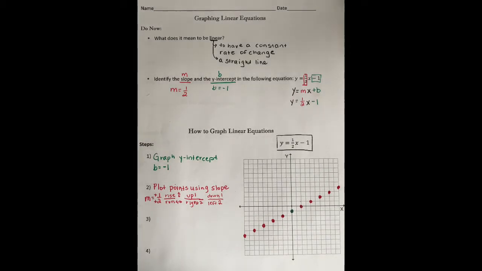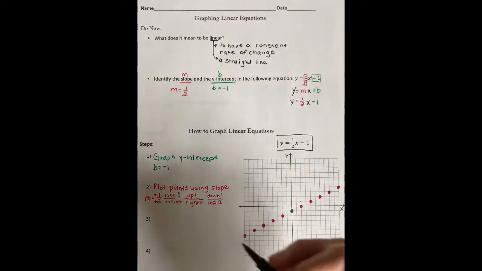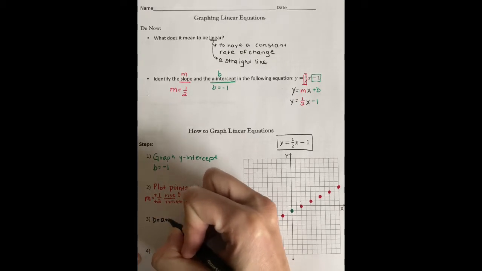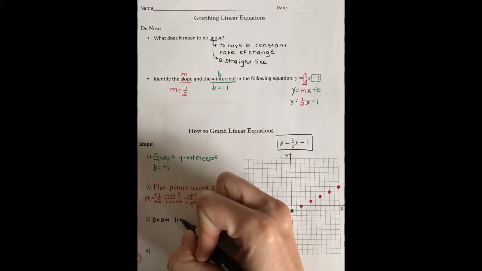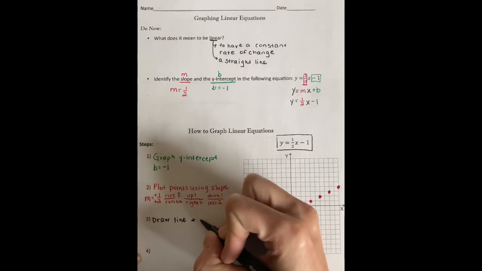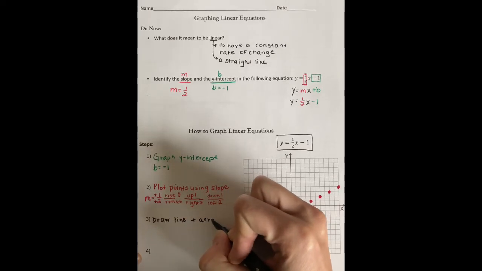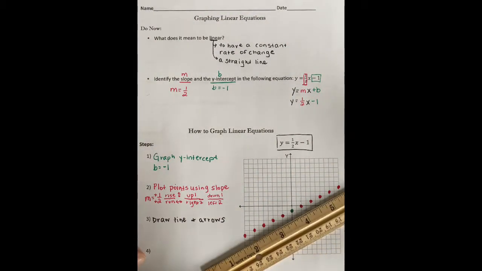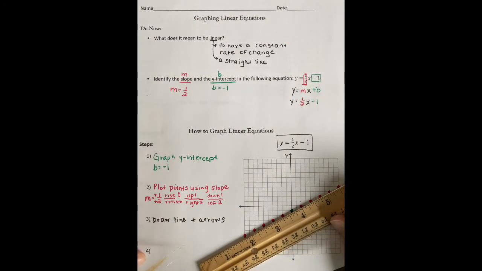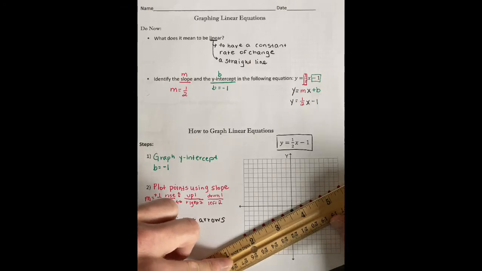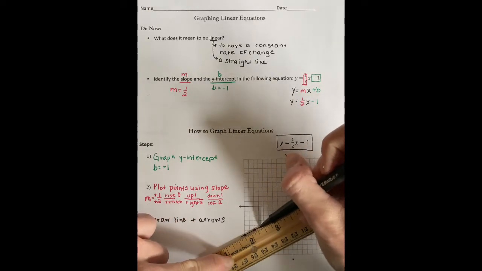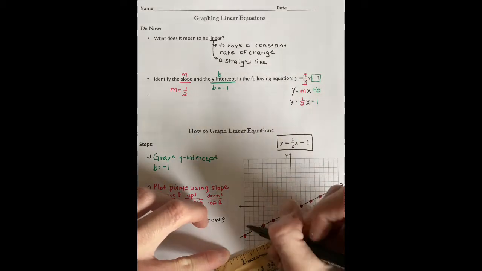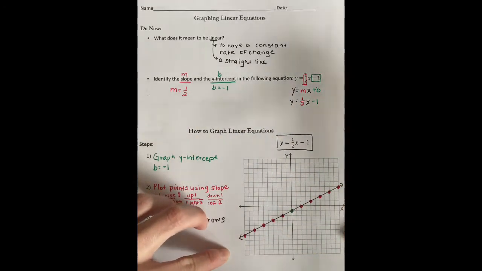Then my next step is going to be to draw a line through the graph, and add my arrows at the end of the graph, because even though the graph ends, the line could continue to go on. So we're going to take our straight edge and draw a line through our graph.